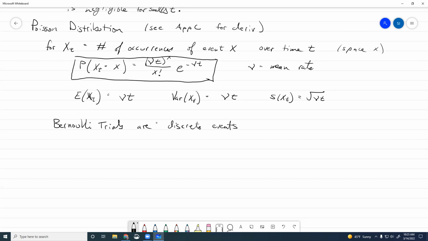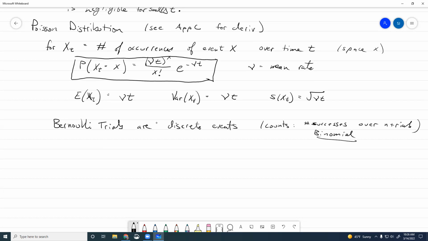And we can think of it as counts, the number of successes over n trials. And that ultimately gets us to the binomial distribution, right? Number of successes over n trials.